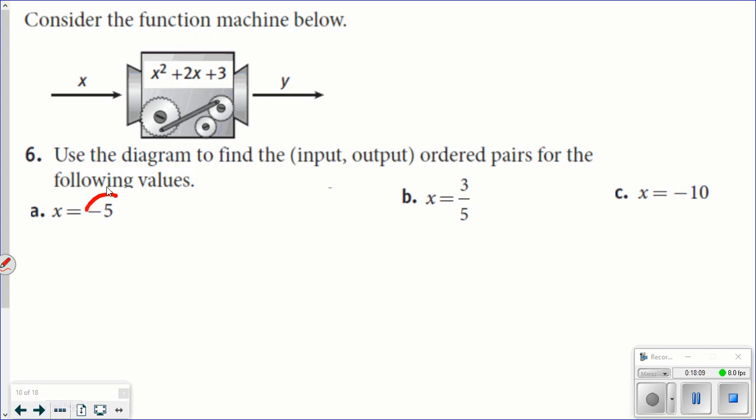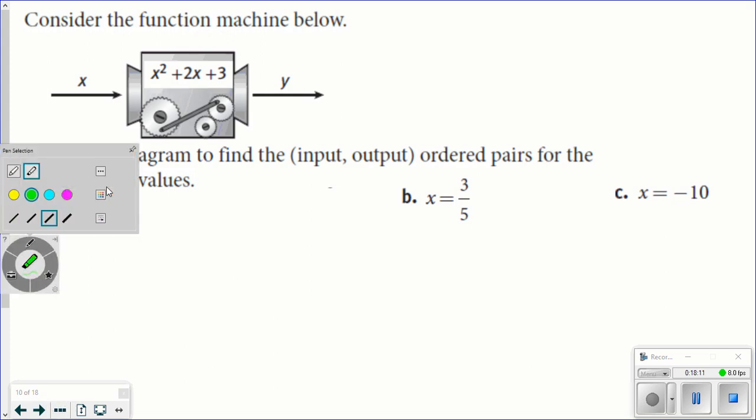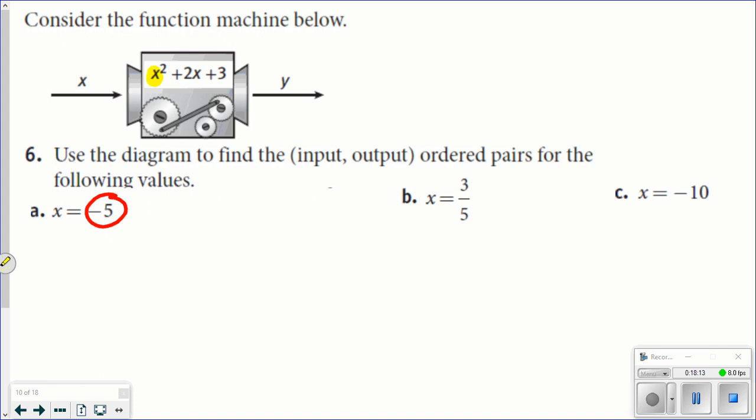Okay, so I'm going to take this -5, and I'm going to plug it in for both x's, here and there. So I'm going to write it out with you. -5, put it in parentheses, especially when you type it into your calculator, squared plus 2 times -5 plus 3.